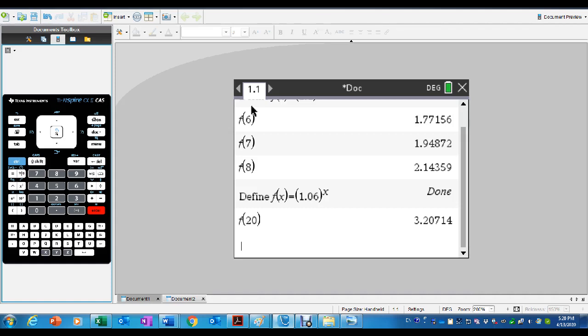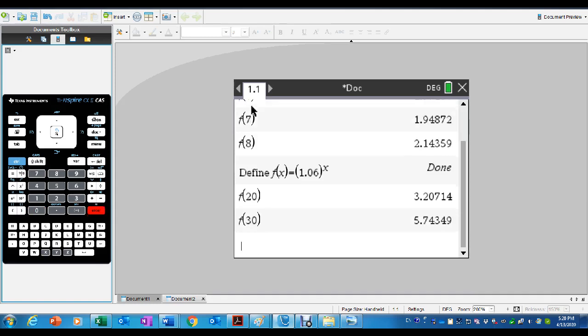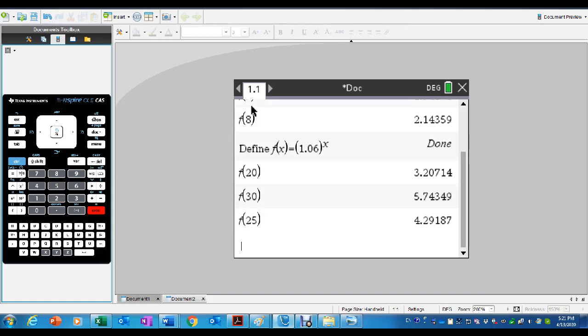So let's make it bigger. How about 30? Now you see when it's 30 it is bigger than 4, so let's try something between 20 and 30.